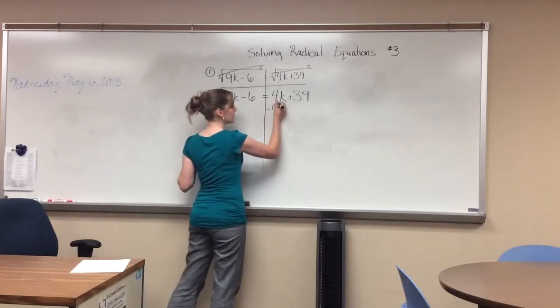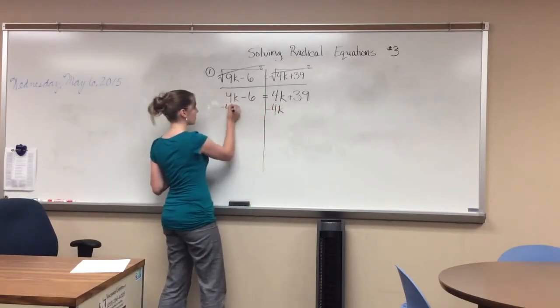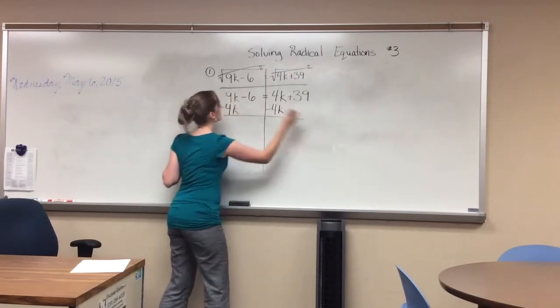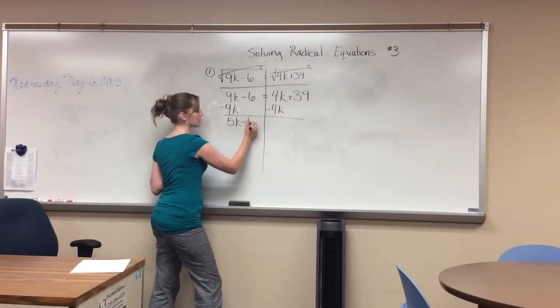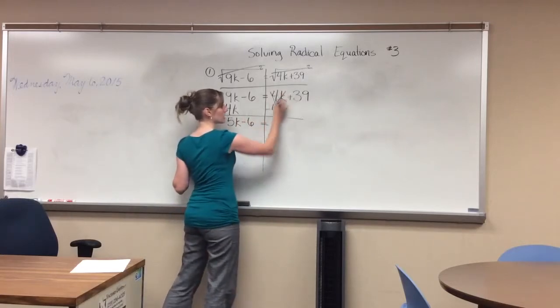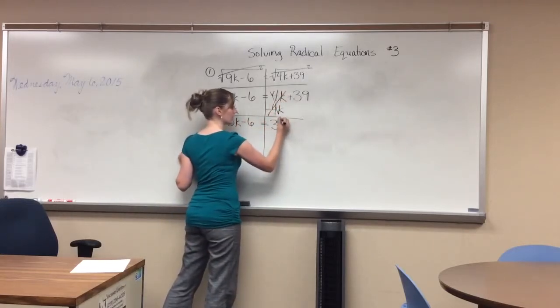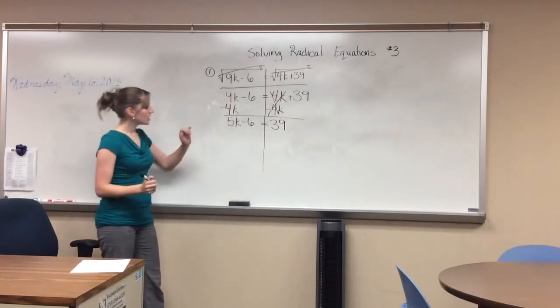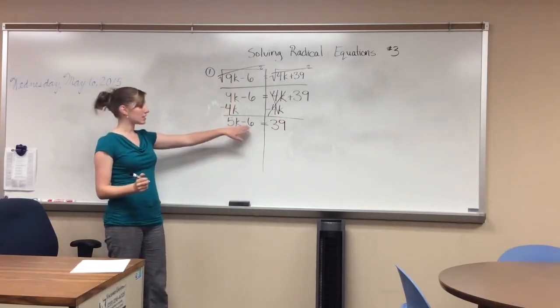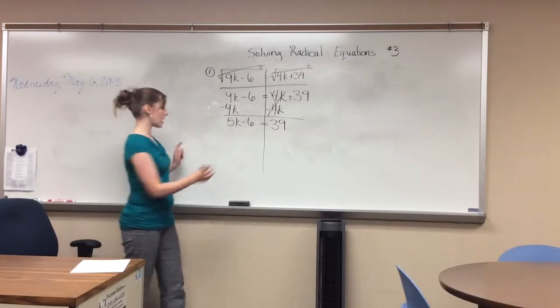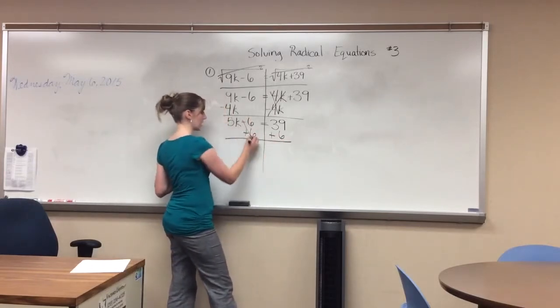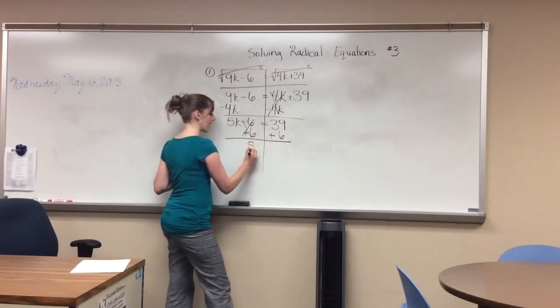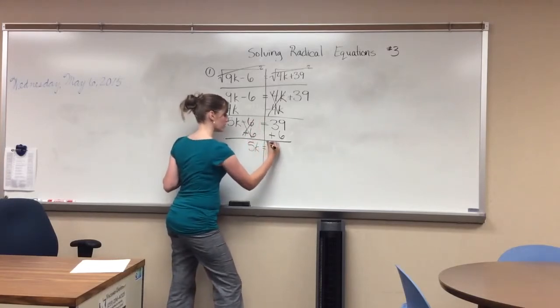The opposite would be to subtract 4k on both sides. 9k minus 4k, we have 5k minus 6 equals, the 4k's cancel, and we have 39. To get k by itself, I need to cancel out the minus 6, so the opposite would be to add 6 on both sides. They cancel. I get 5k equals 45.